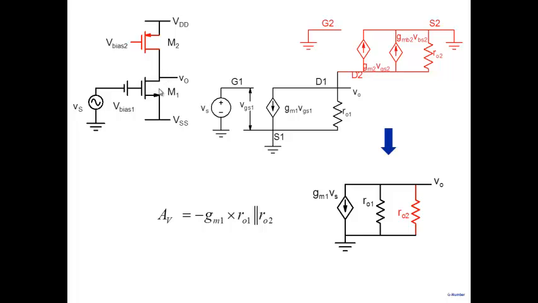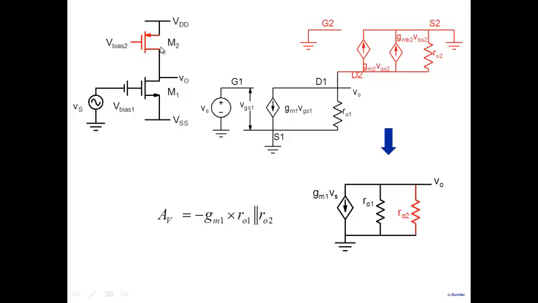If you look at this one, as I was just mentioning a little while ago, the net gain that you develop at this particular node depends on the following. There's a current source here, gm1 VS, which is coming from the applied voltage here. The current source flows through a parallel combination of net resistance at this particular node. The net resistance at this particular node is what? Even without looking at this particular circuit, you know that if you look down, you see R01.